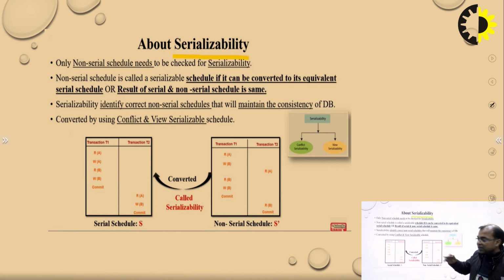We may convert this non-serial schedule to a serial schedule. This conversion of a non-serial schedule to a serial schedule is called the serializability of this transaction. How do we convert? This is in a non-serial manner. We just move this data item.